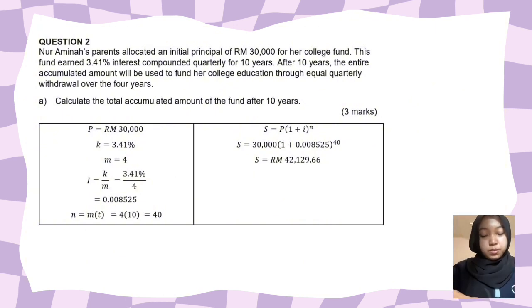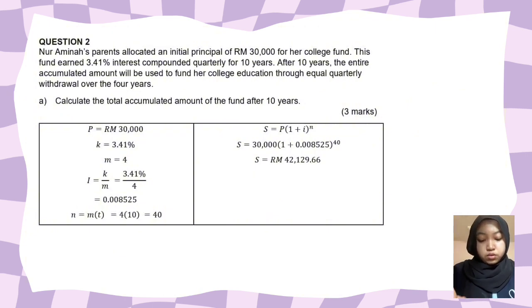In the question, we have P is 30,000, K is 3.41%, M is 4 because it is compounded quarterly, while I equals K over M, which is 3.41% over 4, and it equals 0.008525. N equals M times T, which is 4 times 10 equals 40. The 10 comes from the question, which stated that it is compounded quarterly for 10 years.